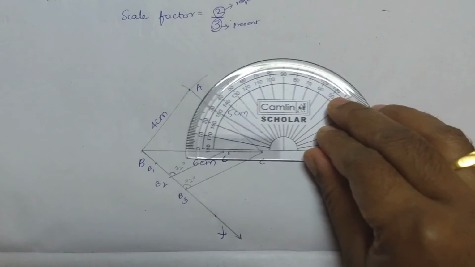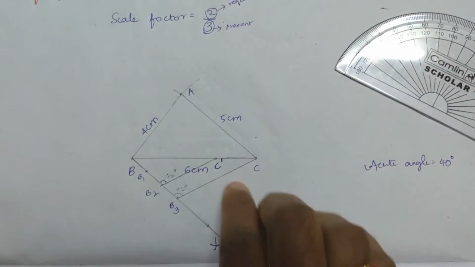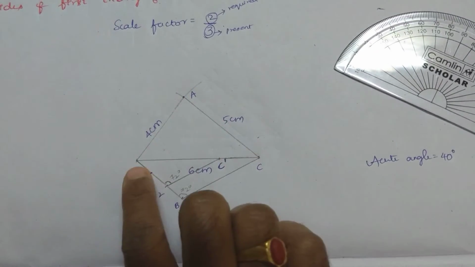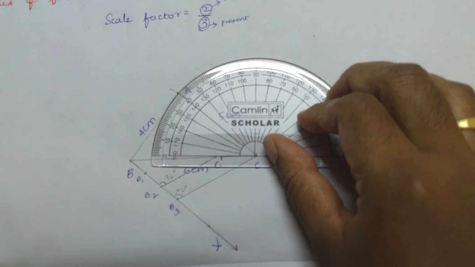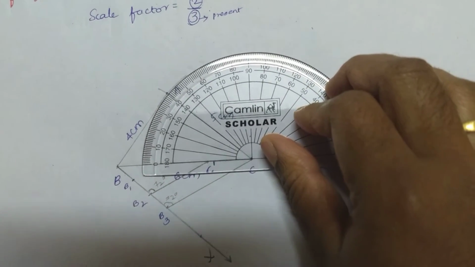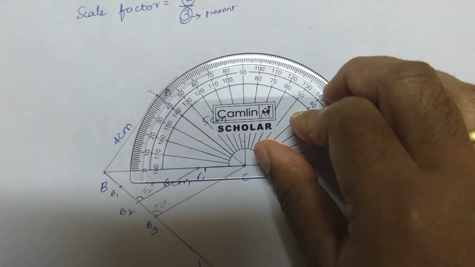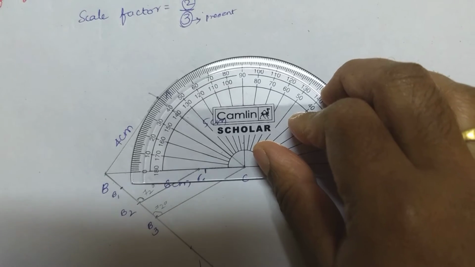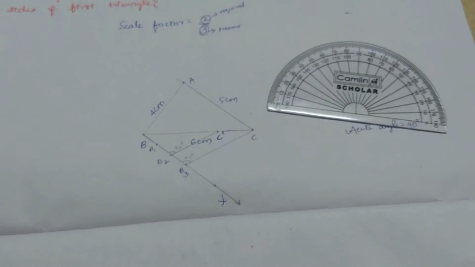After that, the next step is from C to A, that is BC and CA. Let's see what is the angle formed at point C. Let's see clearly. It's 41, correct? See here, it's 41.